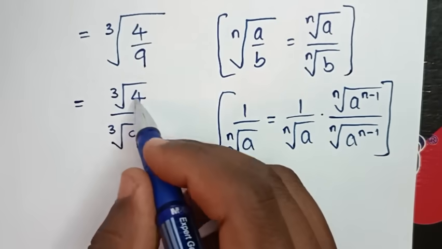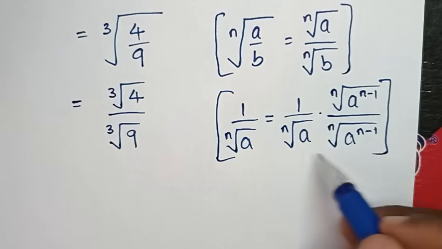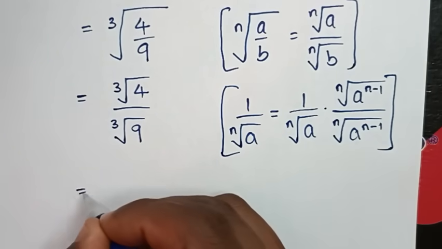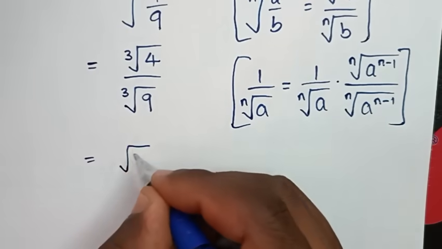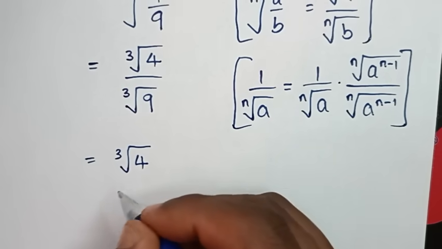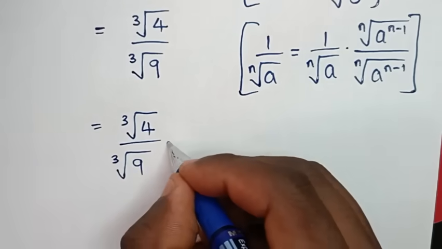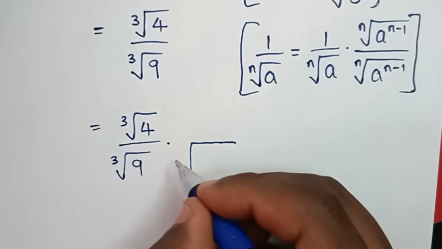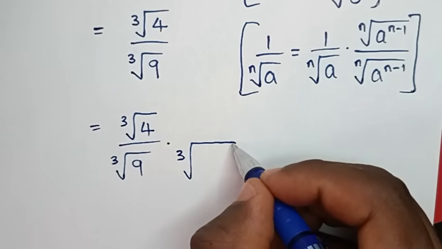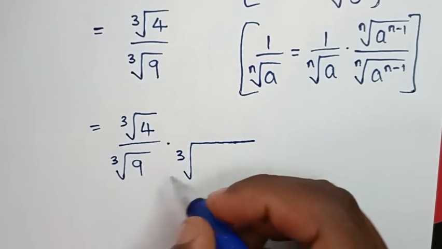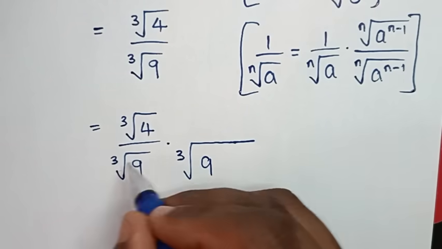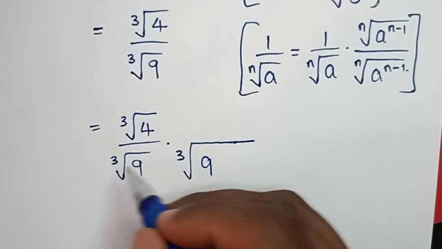So here, we'll apply this form. It will be equal to the third root of 4 over the third root of 9 times the third root of 9 power of n minus 1. So it will be 3 minus 1.